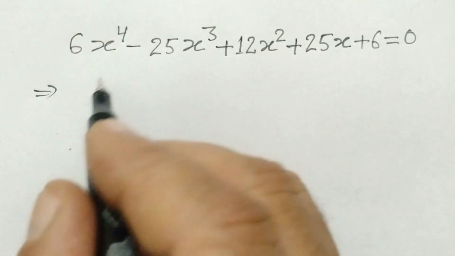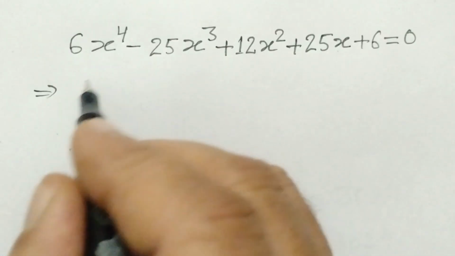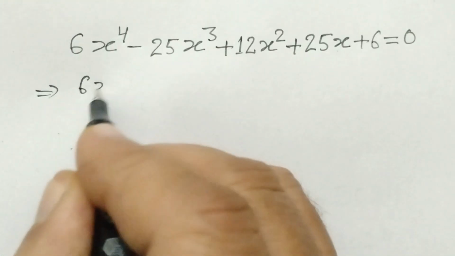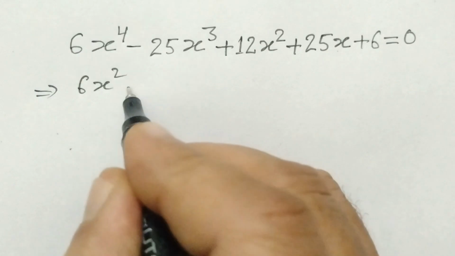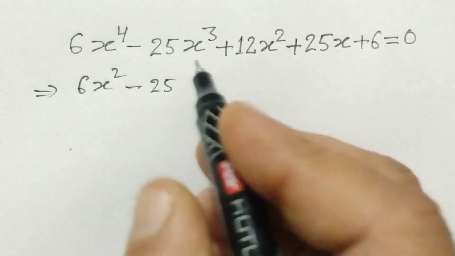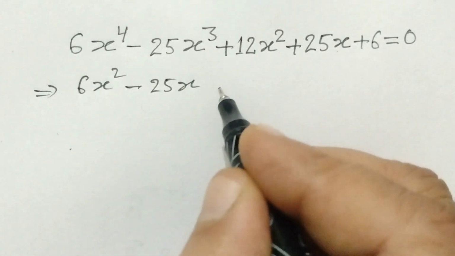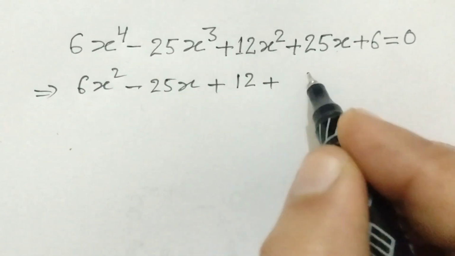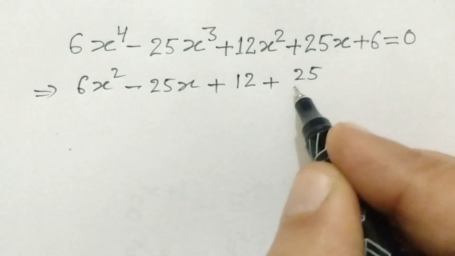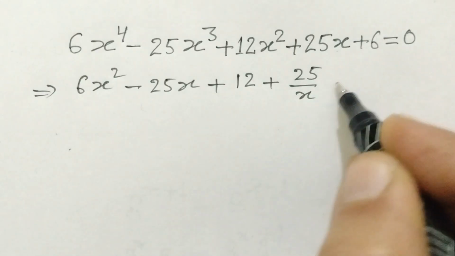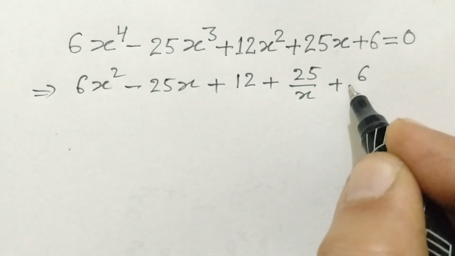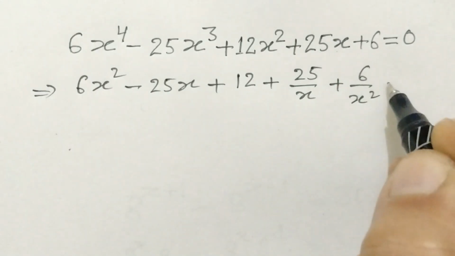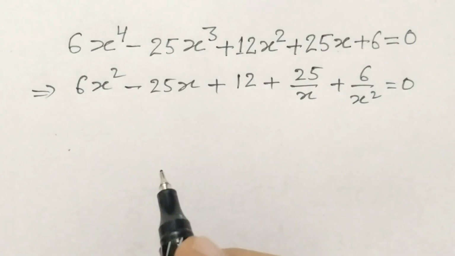If we divide the whole equation by x^2, we get 6x^2 - 25x + 12 + 25/x + 6/x^2 = 0, right?